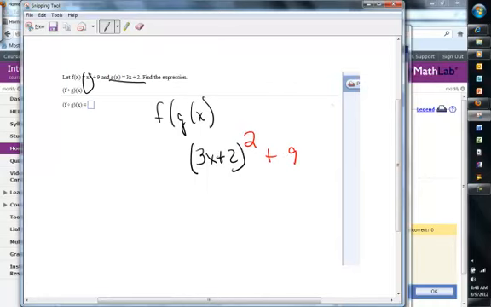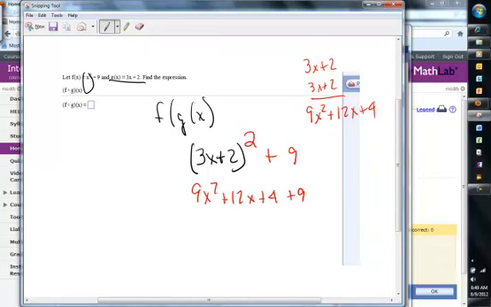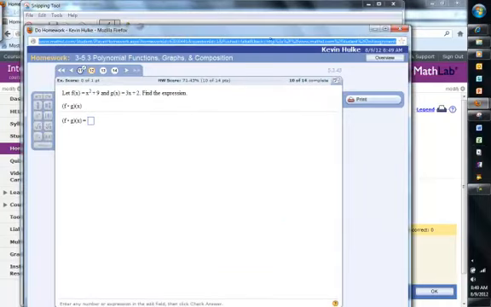So 3x plus 2 times 3x plus 2 is 9x squared plus 12x plus 4. 9x squared plus 12x plus 4 plus 9 is 9x squared plus 12x plus 13. That's our answer.